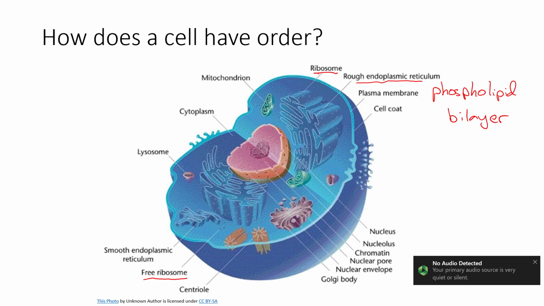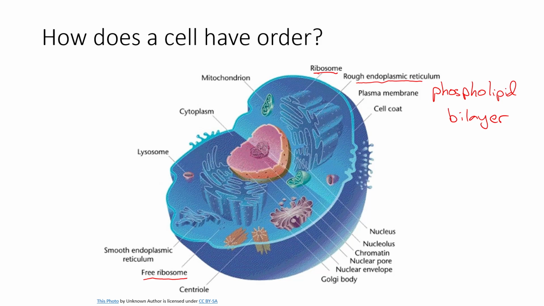One of the things that I tell my biology major students is that every big word that you encounter, you try to break it down into its stems to deduce the function. Phospholipid, bilayer.